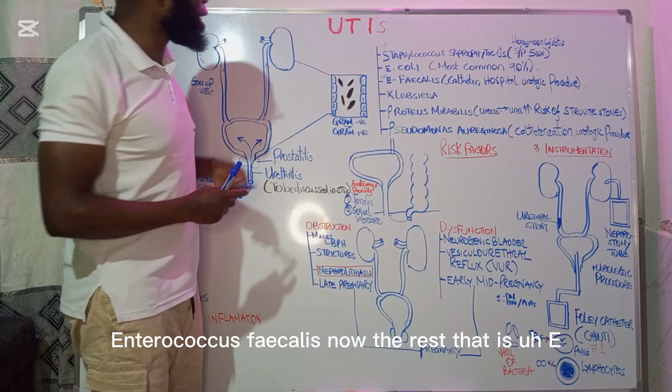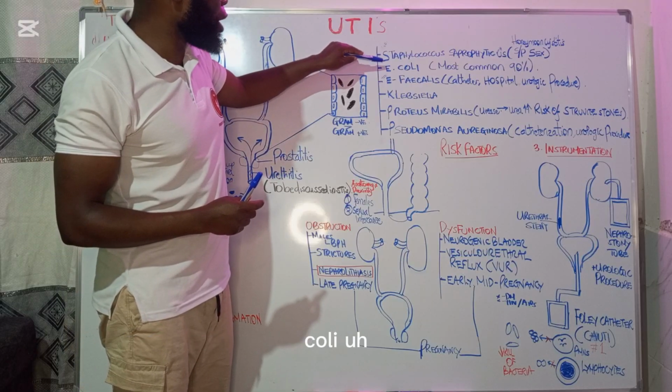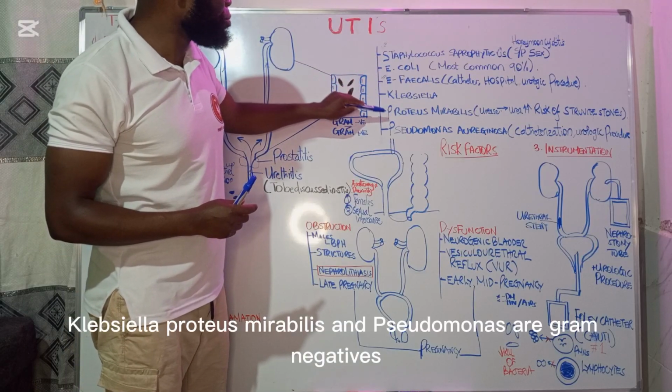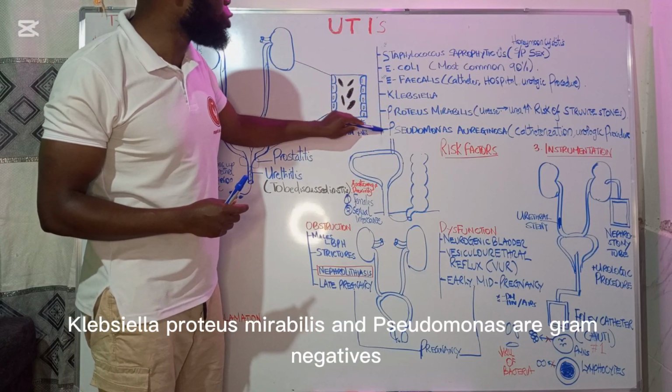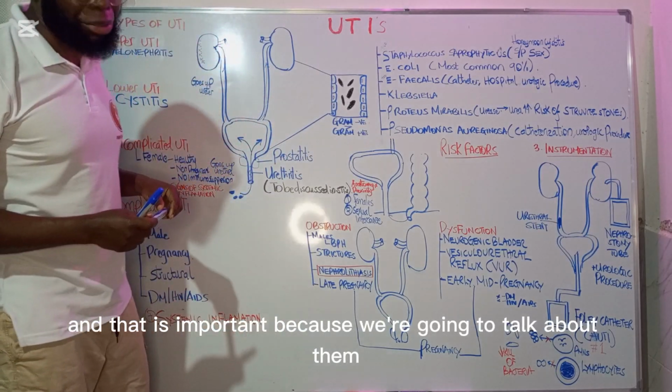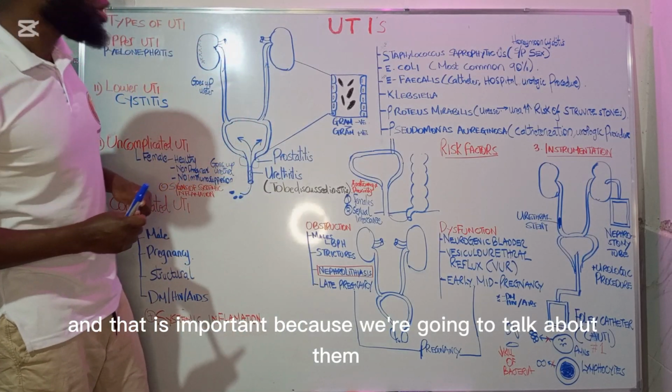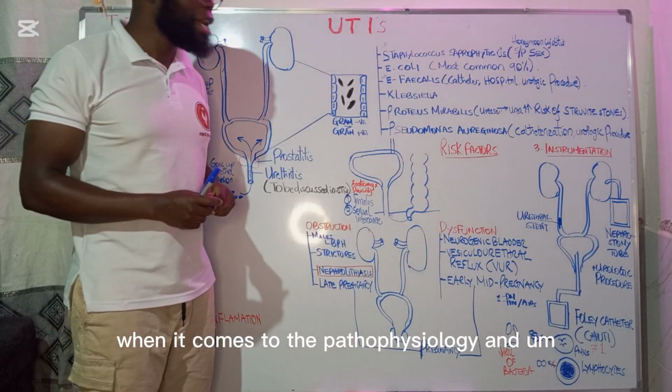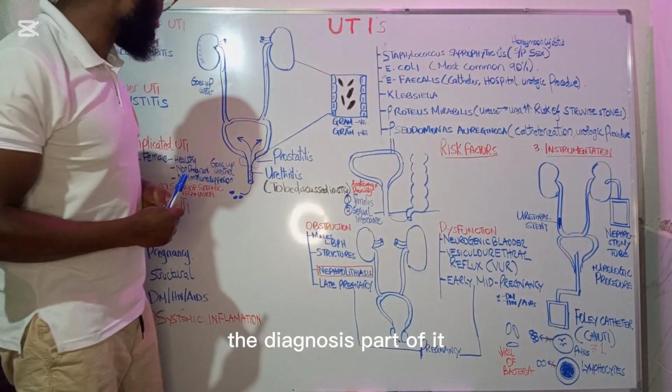Now, the rest, that is E. coli, Klebsiella, Proteus mirabilis, and Pseudomonas, are gram negatives. And that is important because we're going to talk about them when it comes to the pathophysiology and the diagnosis part of it.